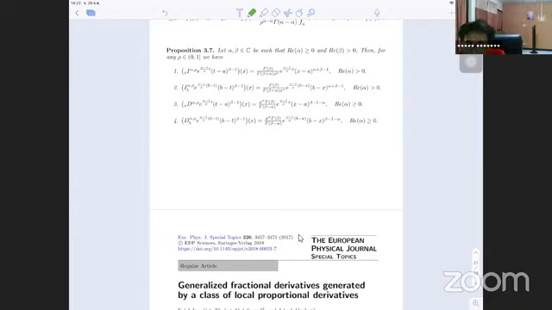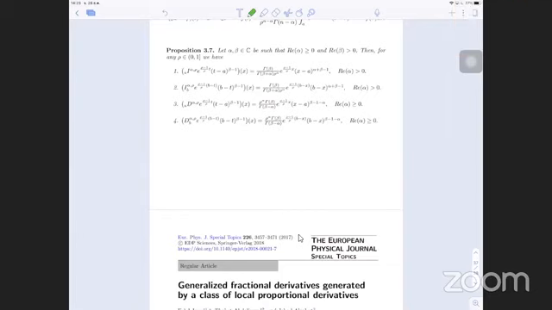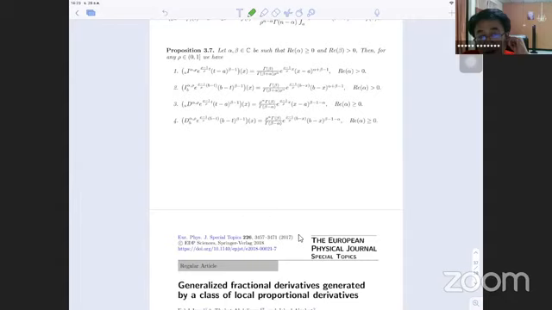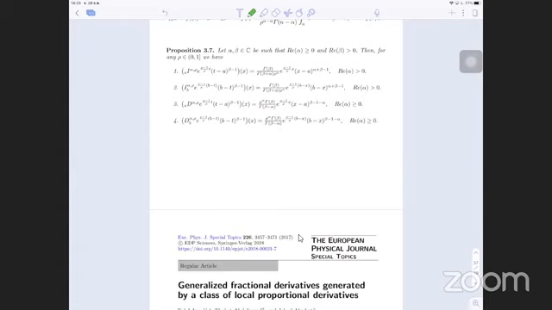The semi-group property, right? Yeah, in the first paper we defined the Hilfer operator in this setting. But when we try to define a fractional derivative with respect to another function in the sense of the Hilfer setting, we could not get the semi-group property.